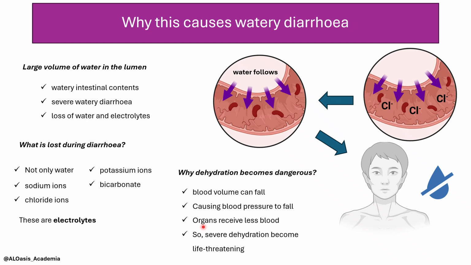So the liver will get damaged, maybe the heart, the kidney, other very vital organs will get damaged in conditions of severe dehydration, because severe dehydration means a severe decrease in blood volume, which results in severe low blood pressure, which indicates that there is a severe decrease in the blood reaching vital organs, and that's when cholera becomes life-threatening. That's why severe dehydration and severe watery diarrhea become life-threatening: they result in the damage of vital organs.